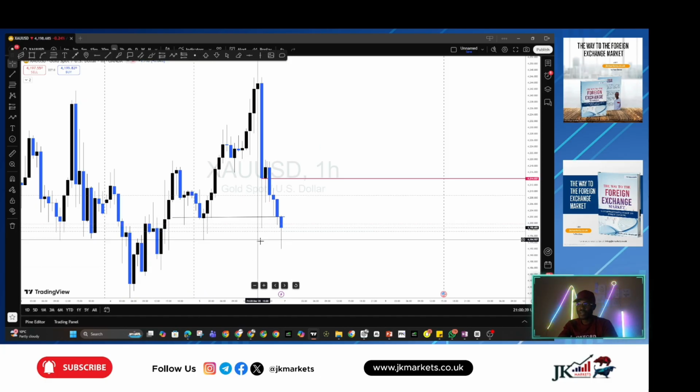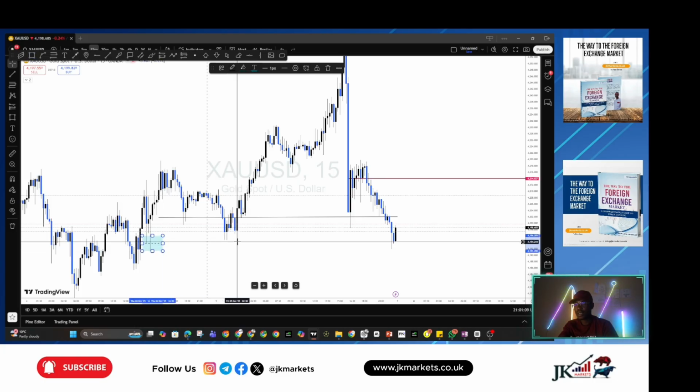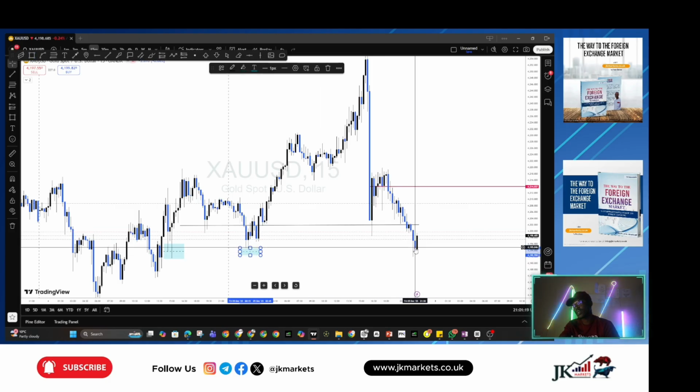However, there are still rejections here, which I think will show better on a smaller time. So you can see that there was a rejection here in the past, rejection here, and right now there is an engulfing candle to the upside.